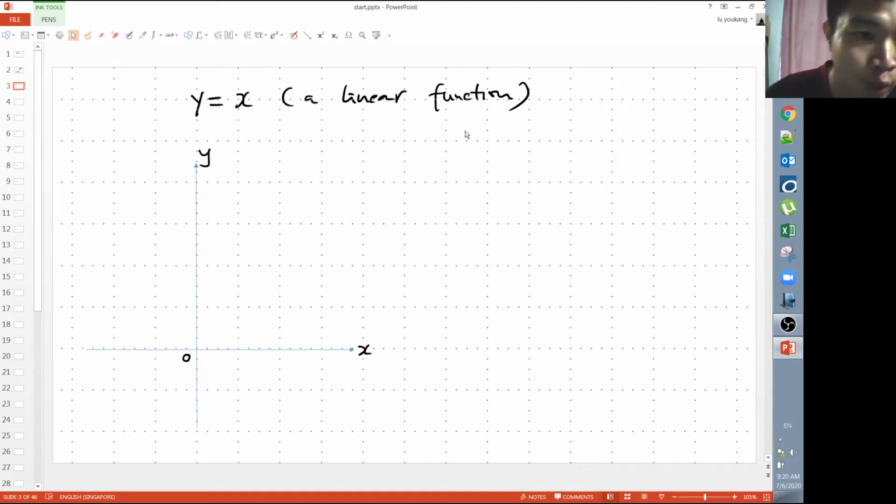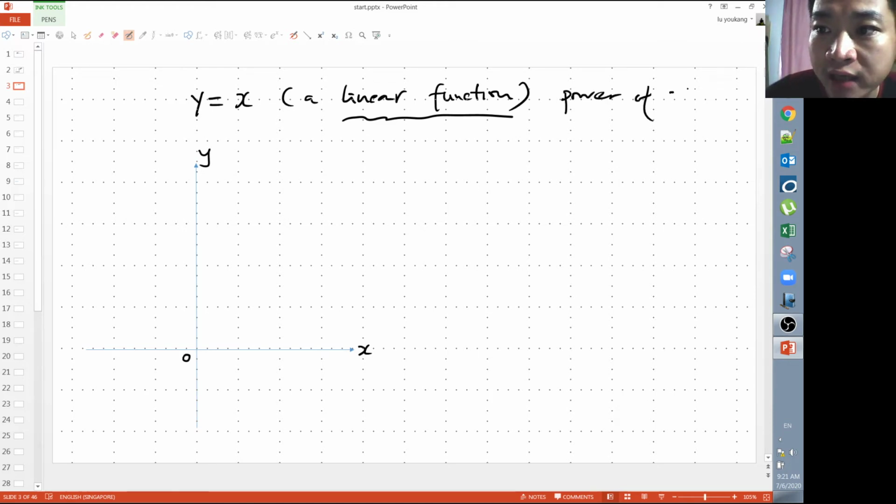So let's look at what a linear function is. A linear function is when your power of x is 1. So when your power of x is 1, it's called a linear function. So how can we sketch our y is equal to x?